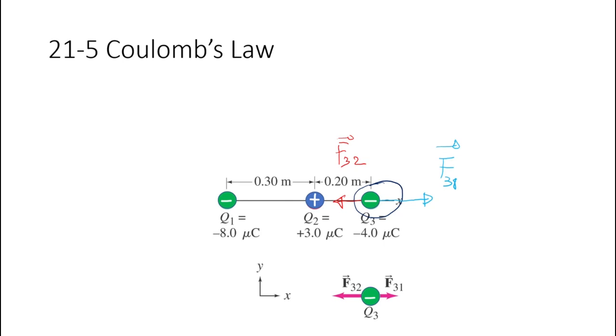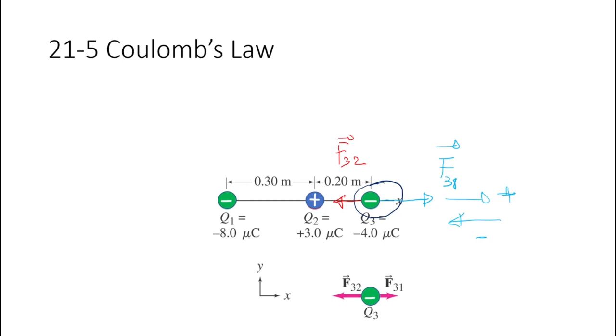These two vectors, F32 and F31, are on the same line, which means we consider the x-axis our reference. Anything that is east, we consider positive. Anything that goes west is negative. You have the choice: if you take west as positive and east as negative, it will not change the magnitude and direction of the net force.